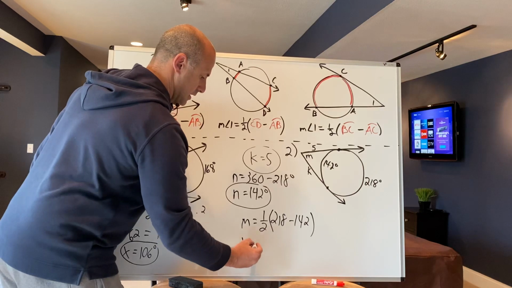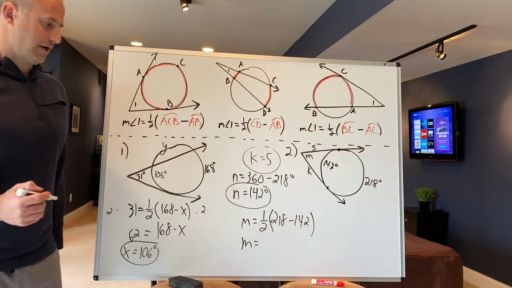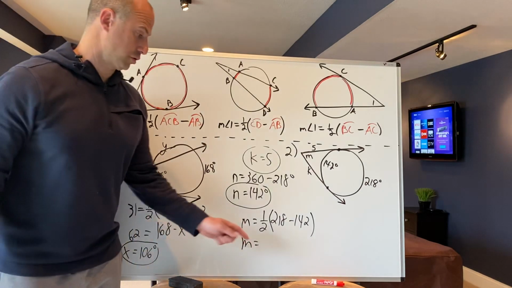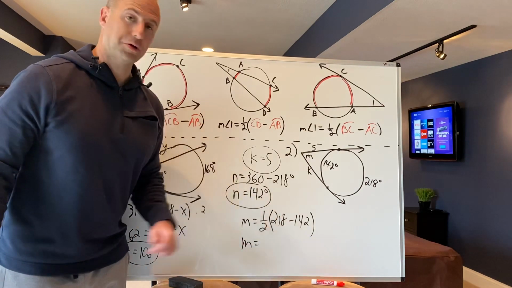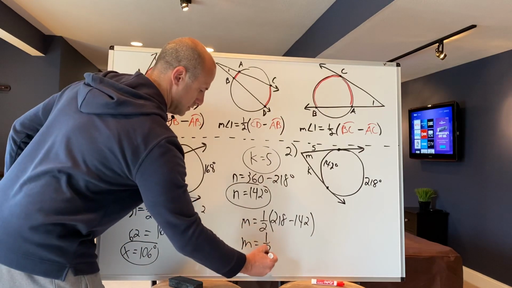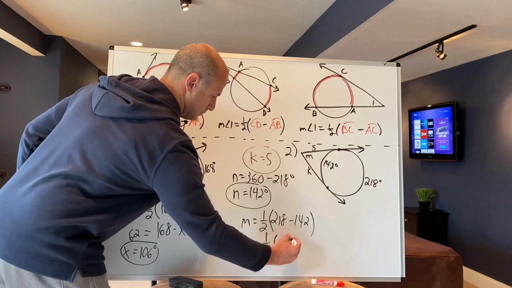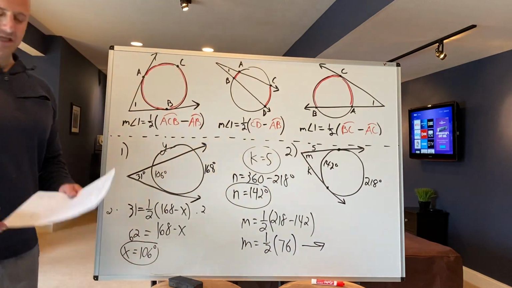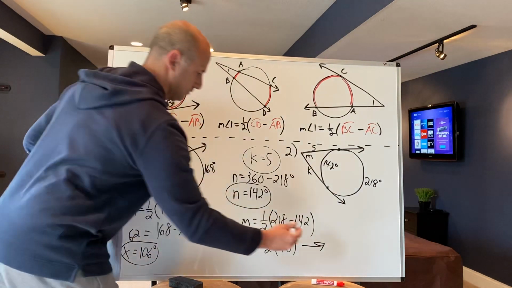And again, you know how to do the arithmetic there. You can distribute the half, or actually, better yet, let's do order of operations. Let's subtract those first. And so if you do, that'd be half of 76. And of course, running out of space there, half of 76 is 38 degrees.